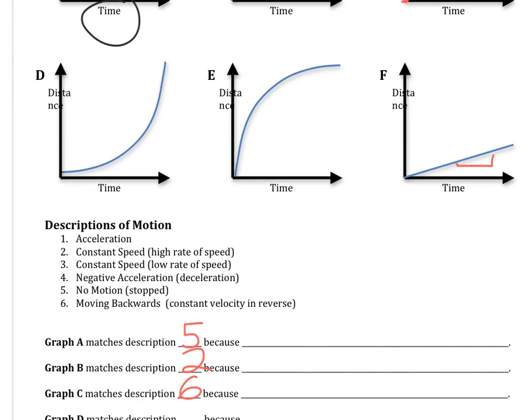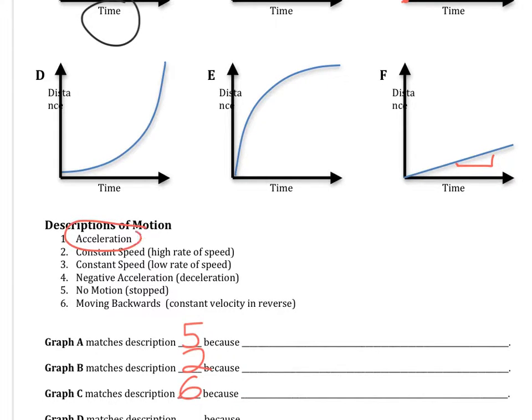Graph D and E. Graph D, because it's not a straight line, and this is one of the graphs that we saw, we know that the speed is not constant. Now, if the speed is not constant, that means the car or whatever this represents that is in motion, the speed is changing. If the speed changes, we define that as acceleration.